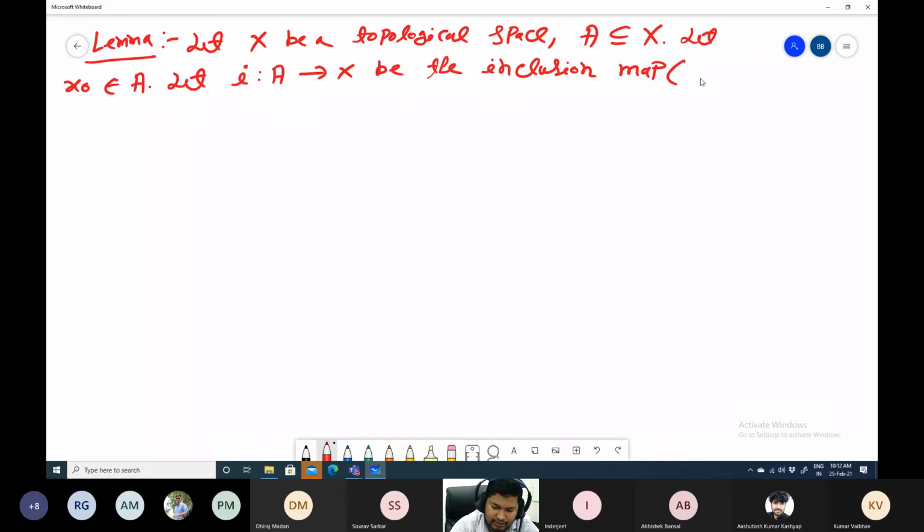You know the definition of inclusion map, right? It is just the identity map actually, but since the codomain is different, we call it an inclusion map. It is actually identity if you restrict the codomain to its range.